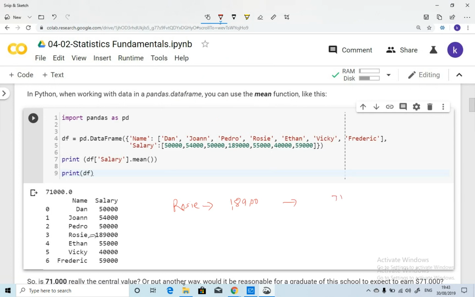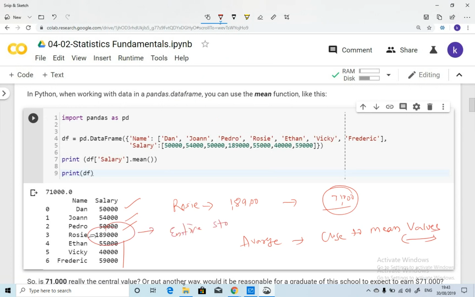What is the average here? 71,000. So these are not even near the mean value. The mean value is nowhere near these people. Because of this one, the entire story got changed. Is it clear or not clear? Yes, no, maybe.